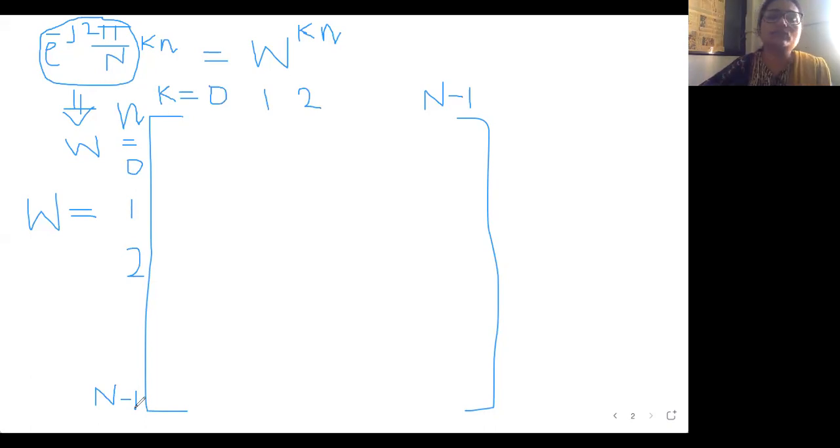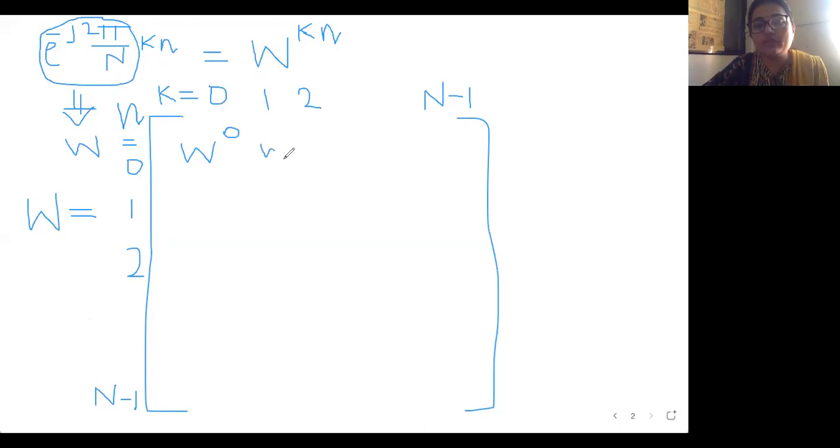Are you getting this? So we will write this Twiddle matrix. The first value of this Twiddle matrix: n is 0, k is 0, so w raised to 0 multiplied by 0. The first row is always equal to w raised to 0 because n is 0.